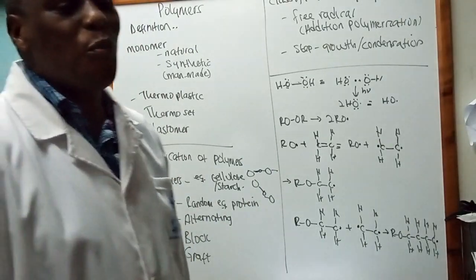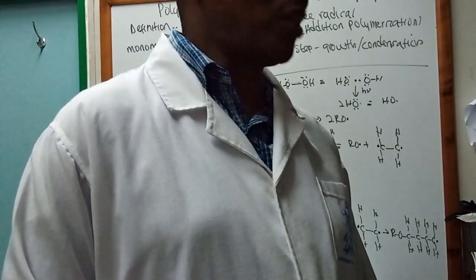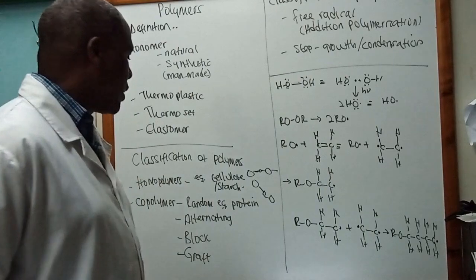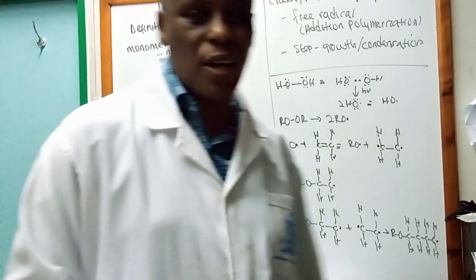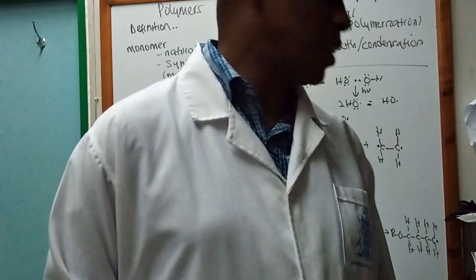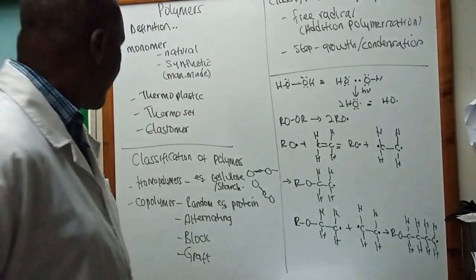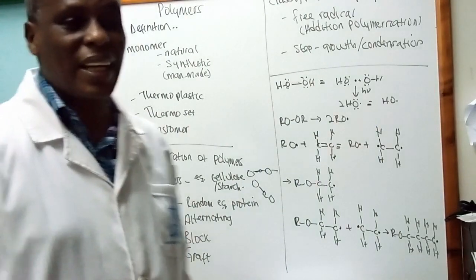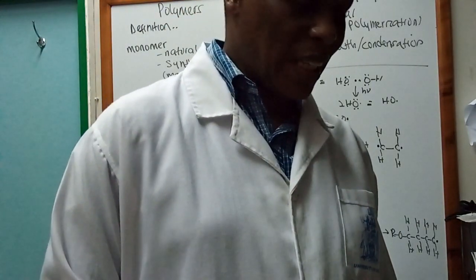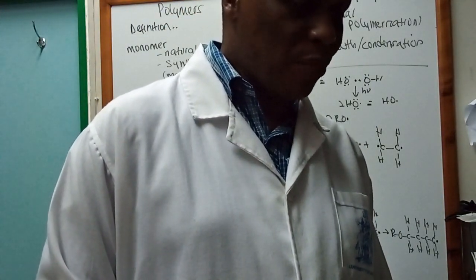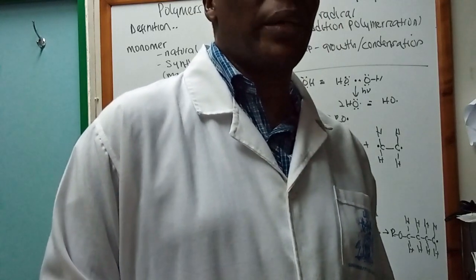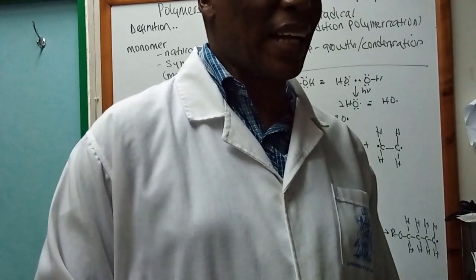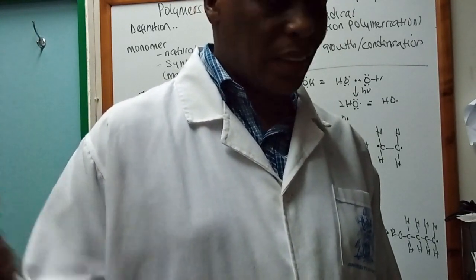Almost all the other polymers that you're going to encounter are copolymers. It means that they are made up of more than one repeating unit. These can be further classified into random, just like protein. For example, you're going to see protein is made up of amino acids, like glycine, alanine, and all the rest.